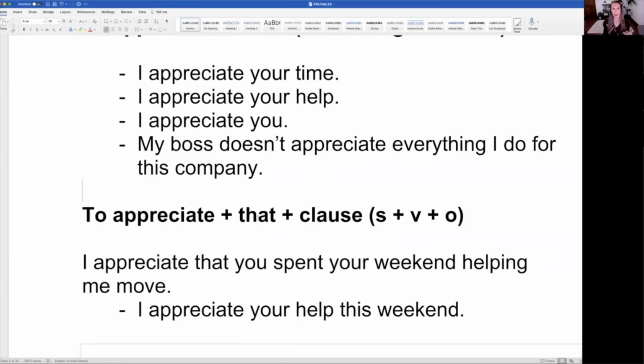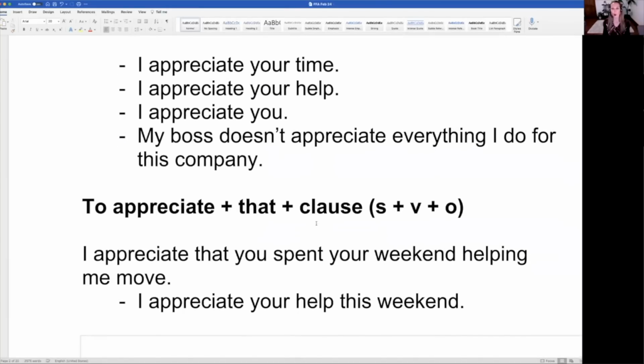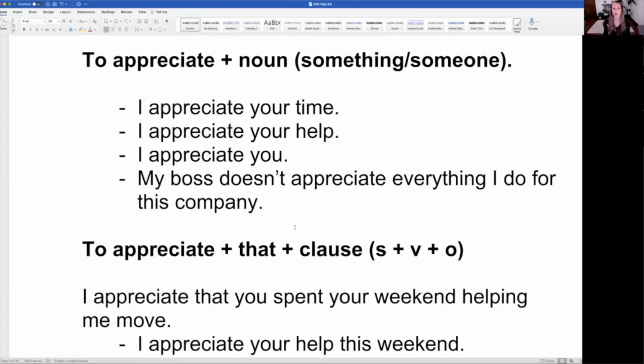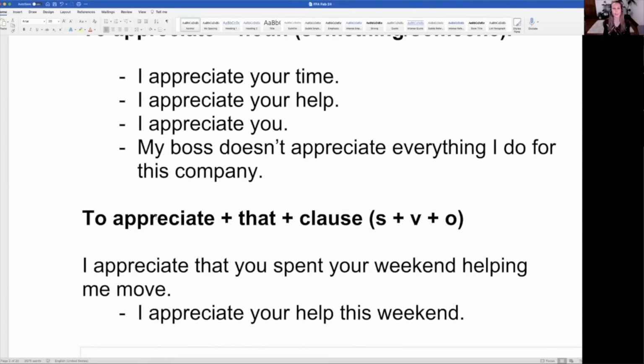Another sentence structure, when you want to talk about someone else, is what we needed here, a someone else. So with that, most likely you're going to use appreciate plus "that" and then a clause.